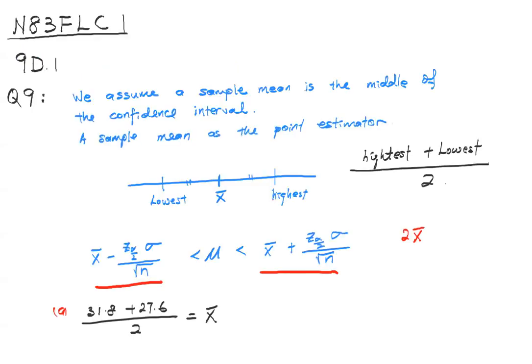So I have this predicted interval: this is 27.6, and this is 31.8. From part A, can someone give me the answer? What is the sample mean here? I need that. What is the sample mean? Oh, 29.7.